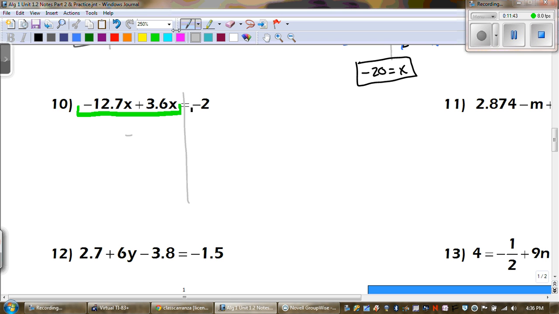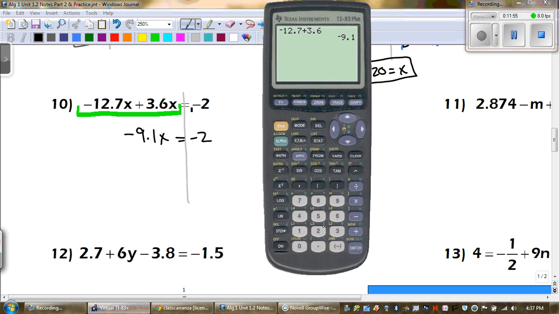Negative 9.1x equaling negative 2. Okay, so the next thing that we have to do is take negative 2 and divide that by negative 9.1. And we get that big long decimal.